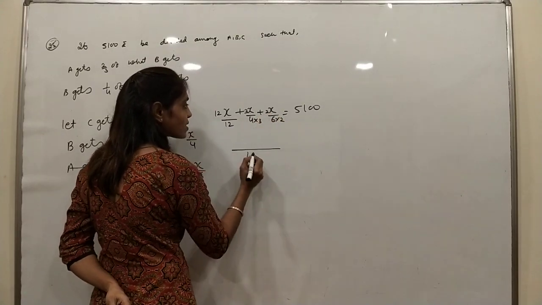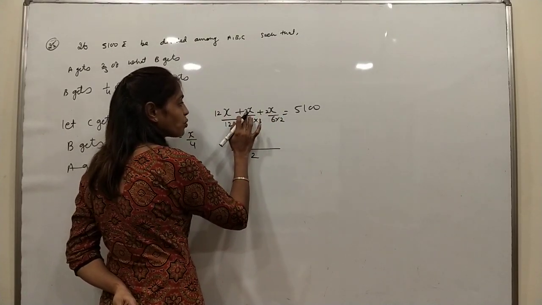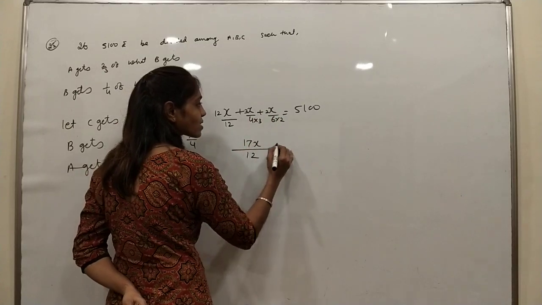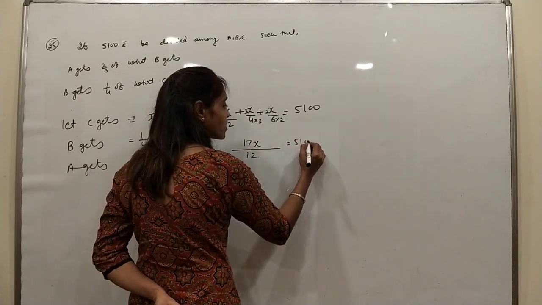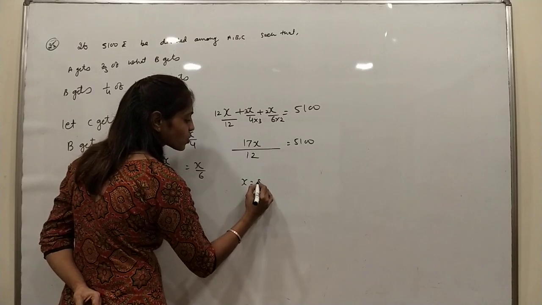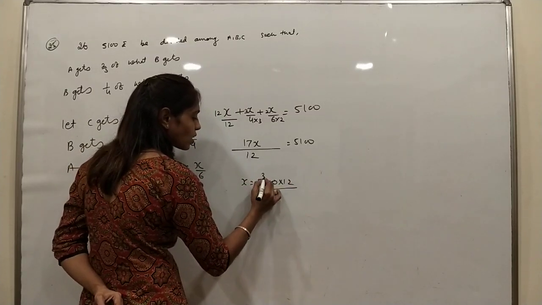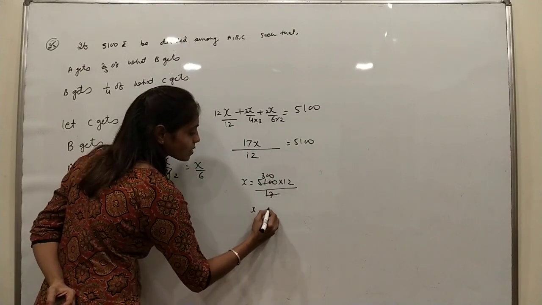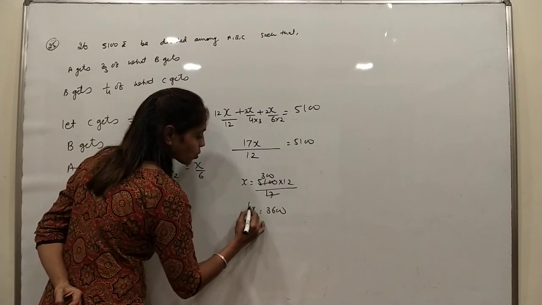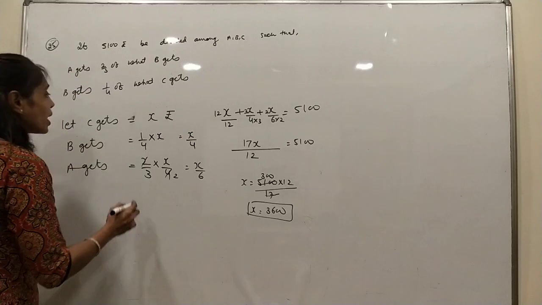So with 12 as LCM, 12 plus 3 plus 2 is 17X upon 12, equal to 5100. So X is 5100 into 12 by 17. So X is 3600 rupees.